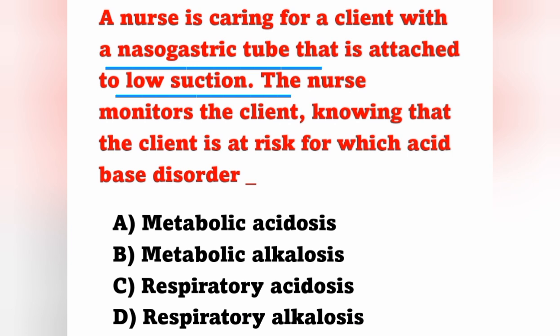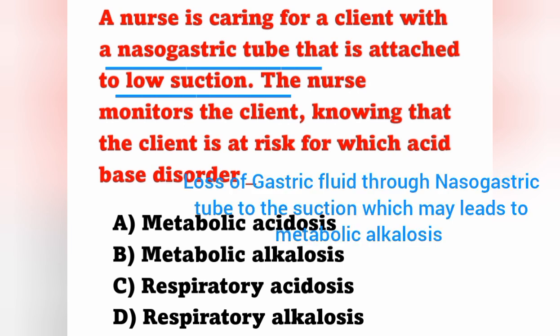Here the client has an NG tube attached to low suction, so from the nose it is connected to the suction. There will be gastric fluid loss through the NG tube, and loss of gastric fluid via NG suction leads to metabolic alkalosis.